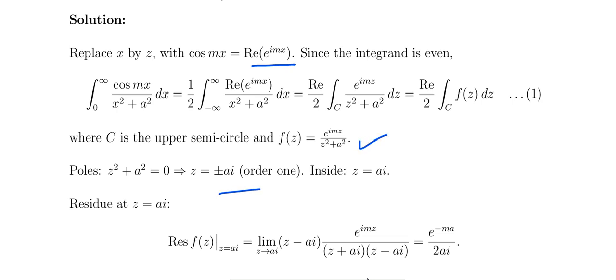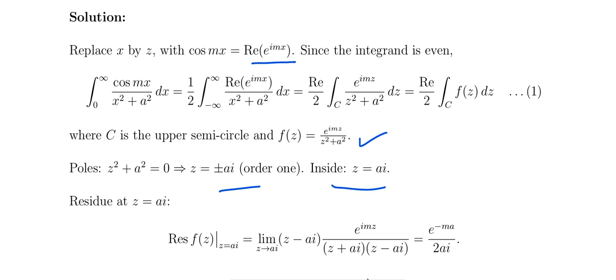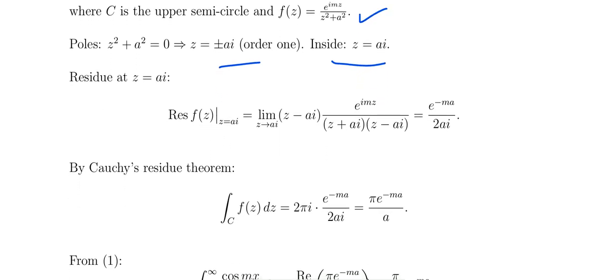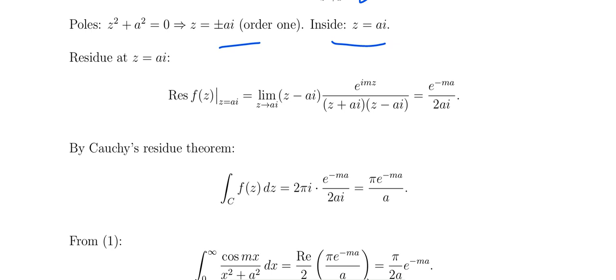So we can find the residue, sorry, the pole, and the order of the pole here is only 1. So z equal to ai is a pole of order 1. Residue of f of z is z minus ai into something. Then the integral over C of f of z is 2 pi into the sum of the residues. So then we get the result.